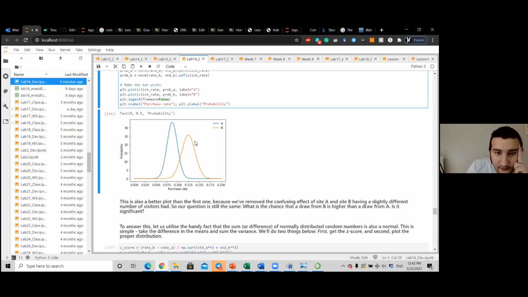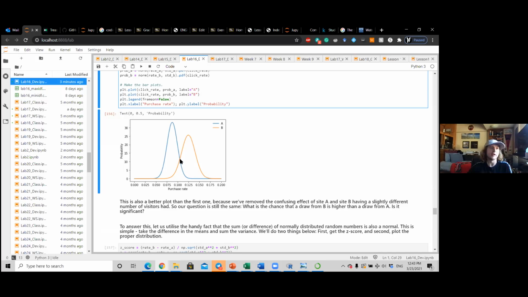So when you look at this, let's say I pick this point. Which model, A or B, is giving me a better purchase rate? Orange. Really? I think both of them are giving me the same thing at this point.